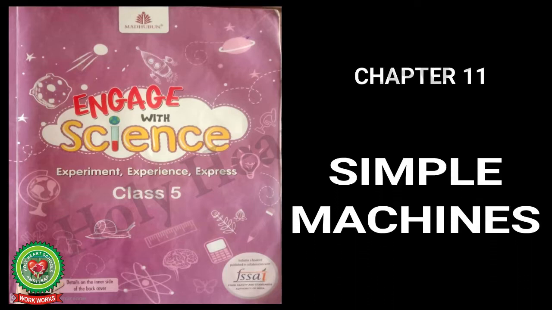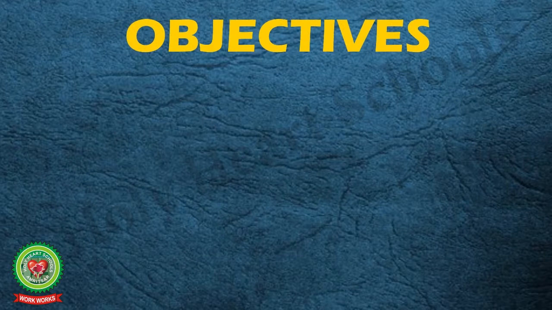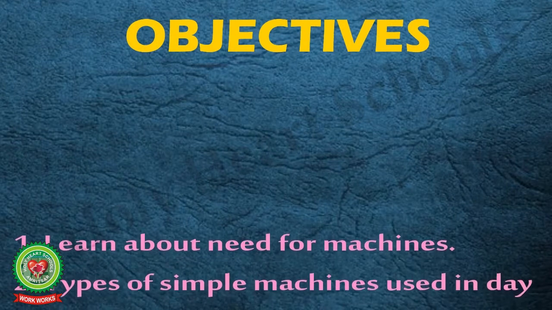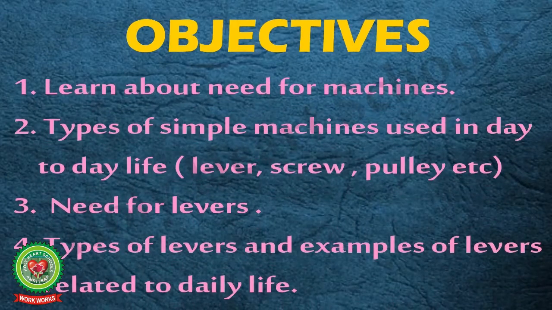Before I start, I am going to discuss the objectives of this chapter, topics to be discussed, and terminology of this chapter. So students, the objectives of this chapter are: learn about the need for machines, types of simple machines used in day-to-day life like lever, screw, pulley, etc., need for levers, types of levers, and examples of levers related to daily life.